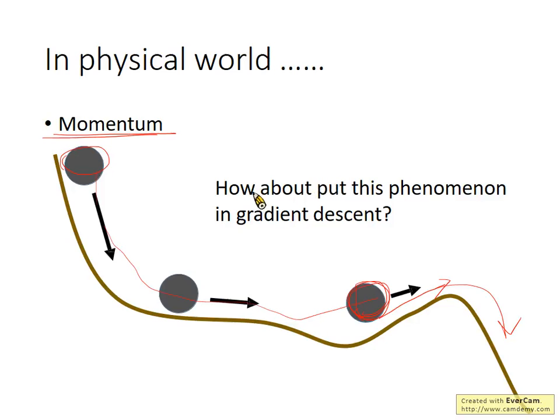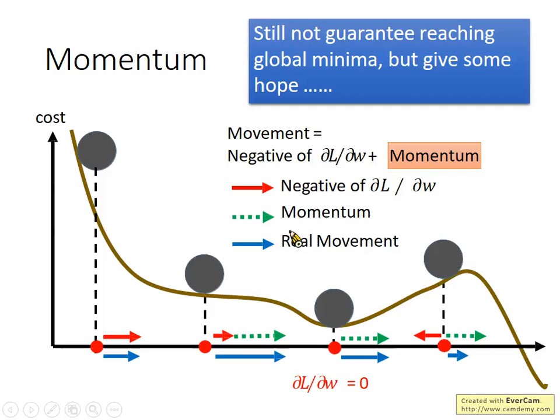So how about putting this phenomenon into gradient descent? How can we implement that? So mathematically, how do we implement the momentum?